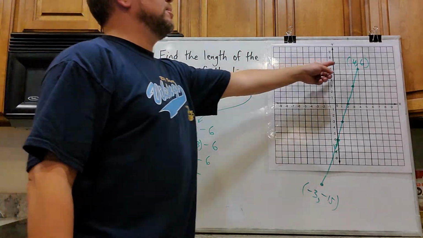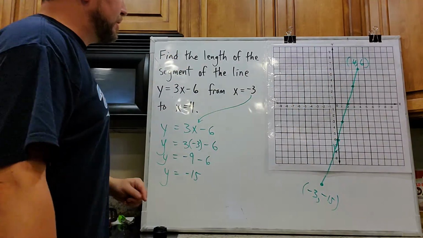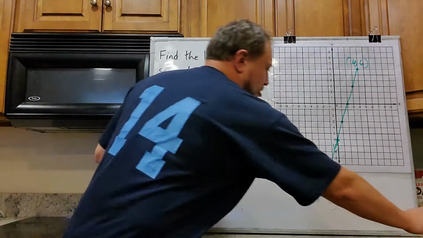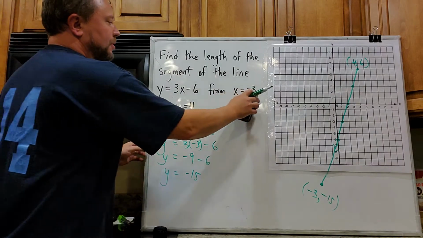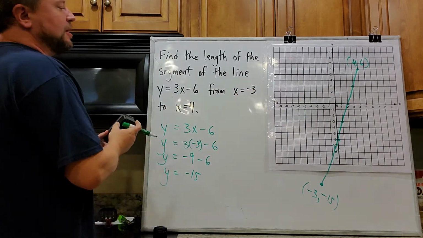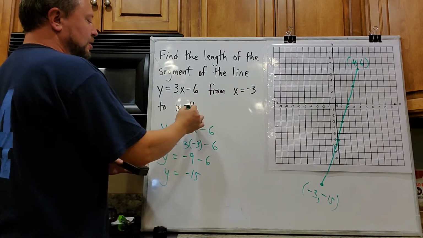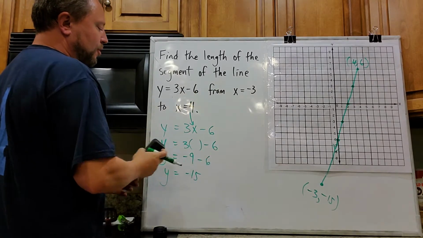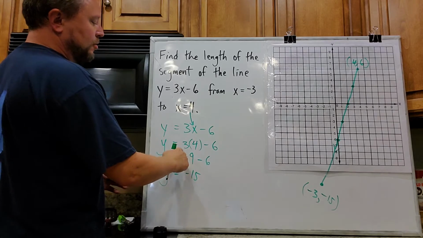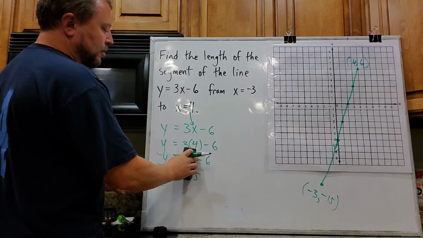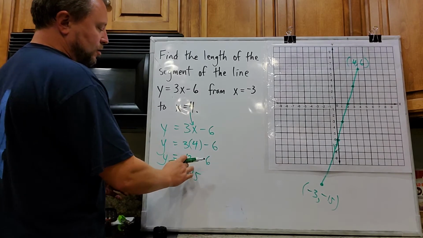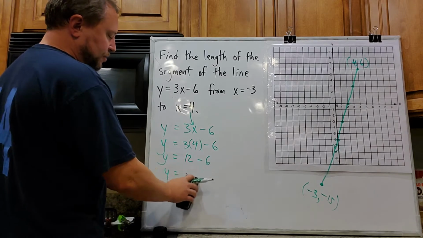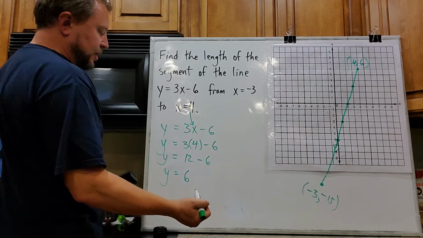And then just to show you that I was correct up here with the 4, 6, this time I'll take the same problem, and instead of plugging in the negative 3, let's plug in now the positive 4. So if I put a 4 there, 3 times 4 would be 12. 12 minus 6 would be 6.